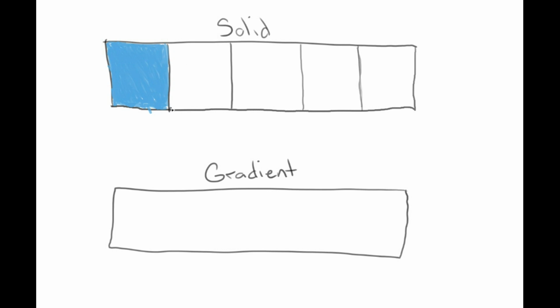So this one is super dark, right? And then my next one is going to be a little lighter. And then the next one is going to be lighter, right?